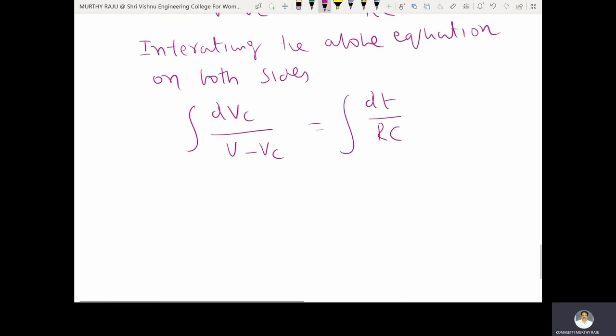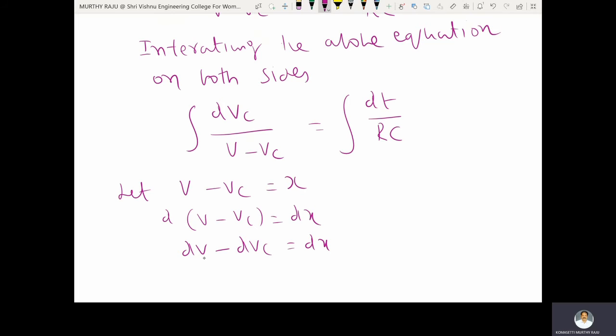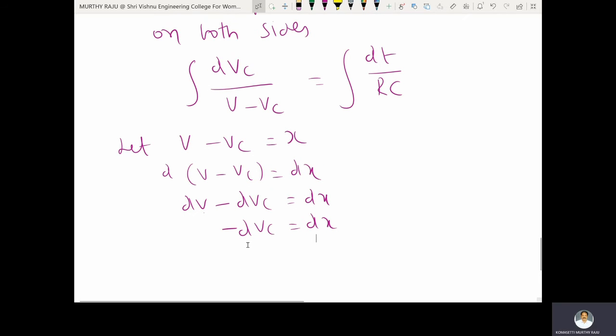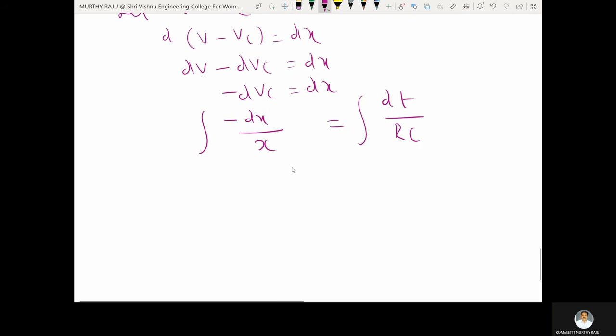The important point here is that with respect to integration, we have dVc on one side and 1 by RC with respect to dt on the other. Let V minus Vc be equal to x. Differentiating on both sides, dV minus dVc is equal to dx. V is constant, so its differential is 0, and minus dVc is equal to dx. So dVc is equal to minus dx. Substituting, V minus Vc is equal to x, and that is equal to dt by RC.